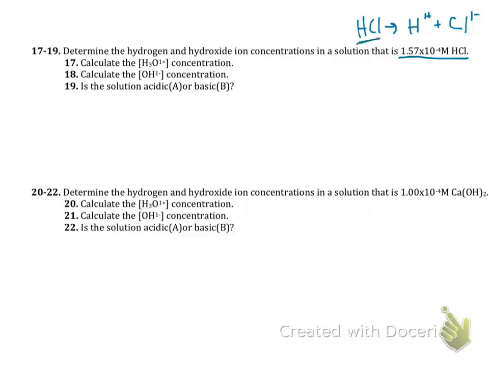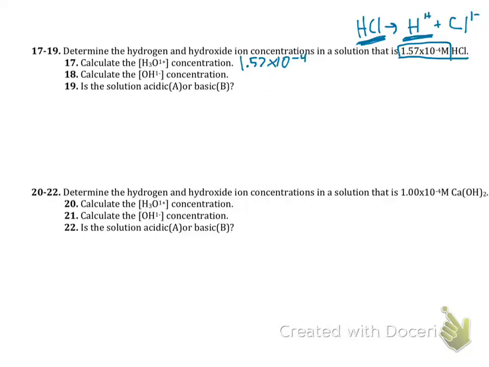And so whatever this concentration is will be the concentration of that as well. And so this right here happens to be the answer for number 17. The answer for number 17 is 1.57 times 10 to the negative 4.